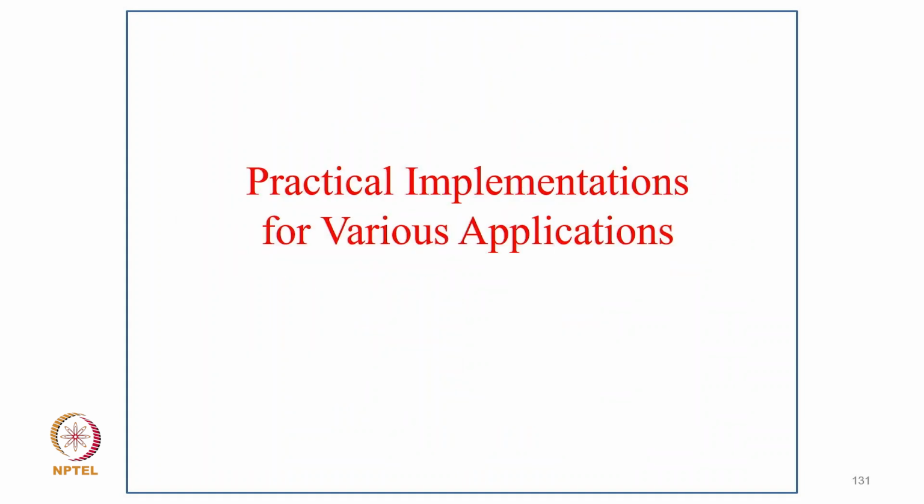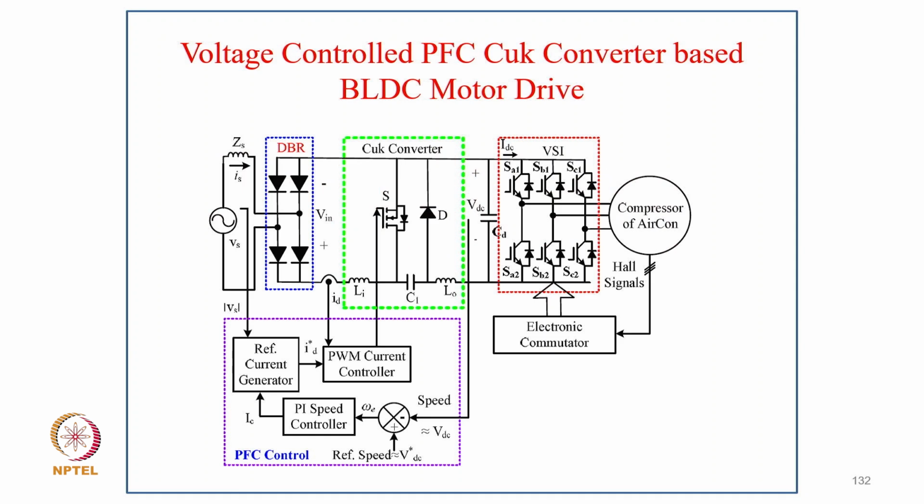Now coming to practical implementation for various applications, the case of a voltage-controlled power factor correction converter based brushless permanent magnet motor drive, where of course we are using a diode rectifier followed by a converter, and then we have an inverter fed BLDC motor, maybe driving an air compressor or air conditioner.